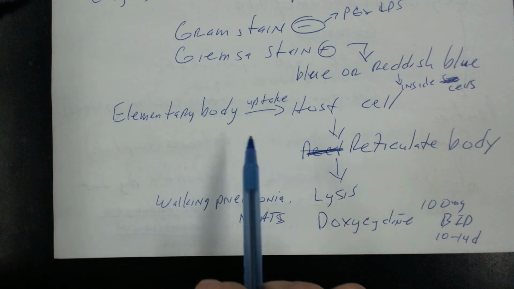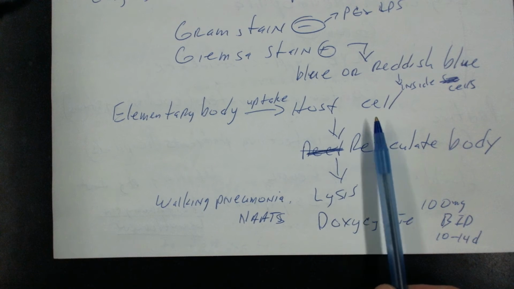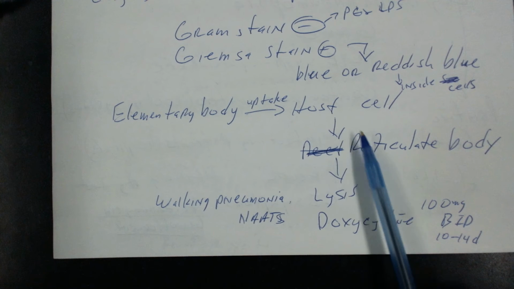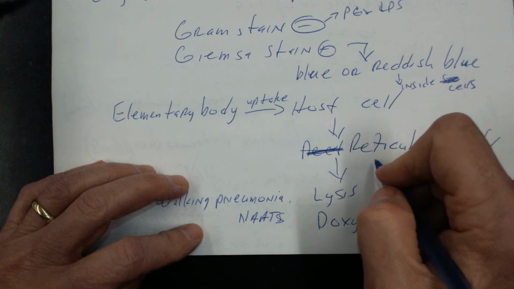So as we said before, you have an elementary body. It's taken up by a host cell. This is the infective agent. It transforms into a reticulate body. These divide inside the cell.